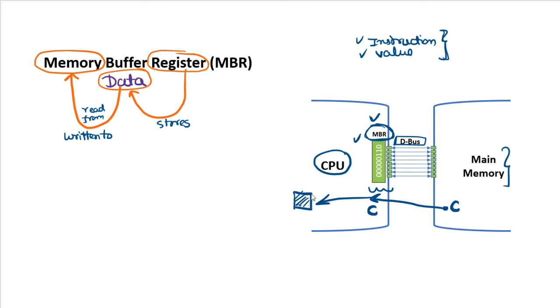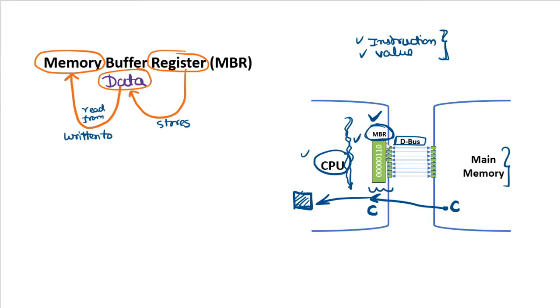For example, the CPU wants to process an instruction, so it fetches the instruction. Main memory sends the instruction via the data bus, and the MBR gets the instruction. Further processing of that instruction will be done by the CPU in some way, which we will discuss as well. You can just see here that the flow is from main memory to MBR to CPU, where CPU means the part other than the MBR.